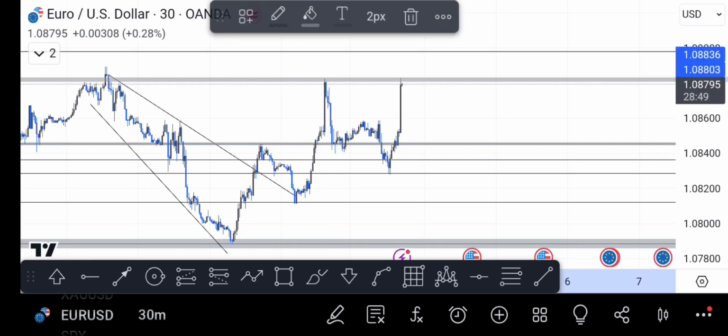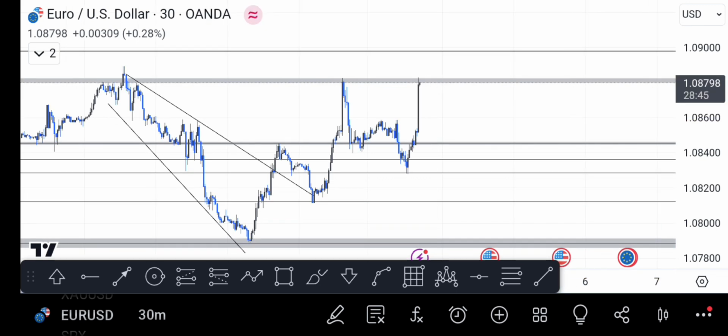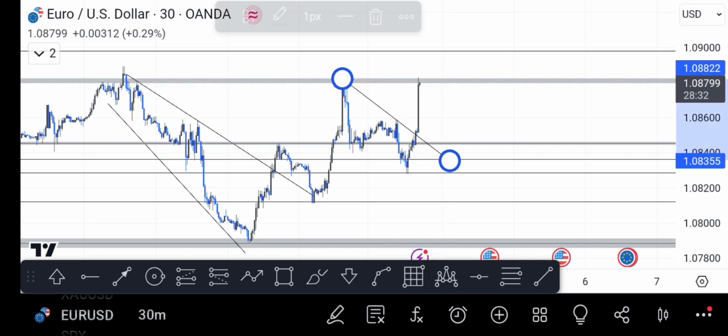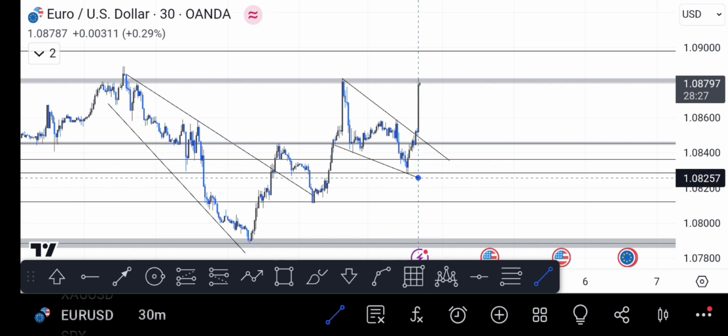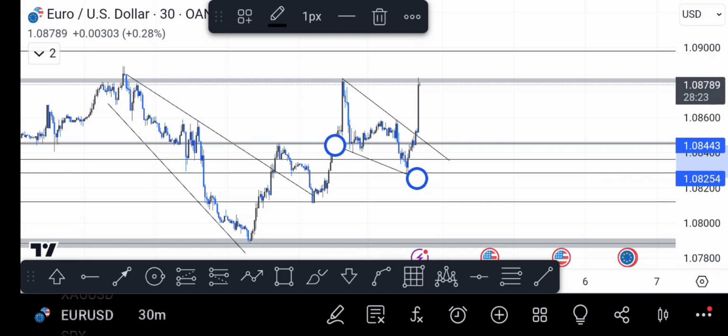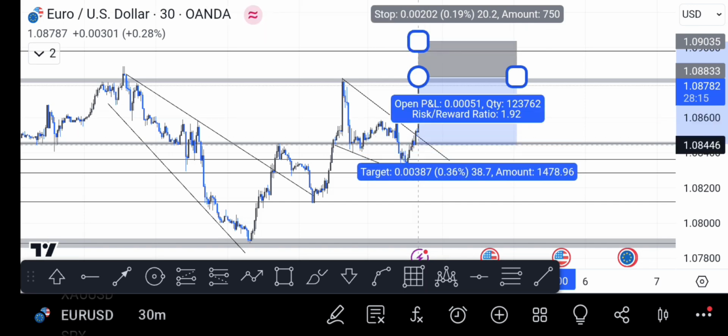I'm going to sell EURUSD, because if it breaks out of the resistance, that means it is a manipulation. Because I know if it breaks out of the resistance, it's going to come back. I don't know when, but it needs to come back to retest this trend line that I'm drawing. The market cannot just go up like it's nothing. So I'm going to look for sales up until there.